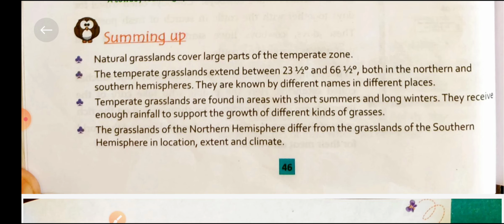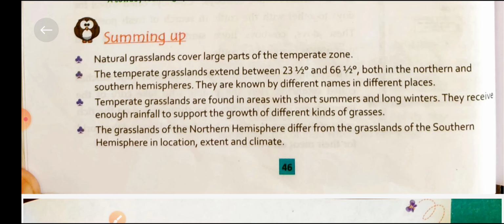In the northern hemisphere it is a very vast extent of grassland, like steppes and prairies in North America, while in the southern hemisphere it is very small in size and is also located near the sea.